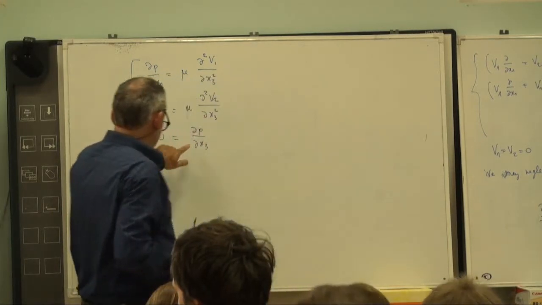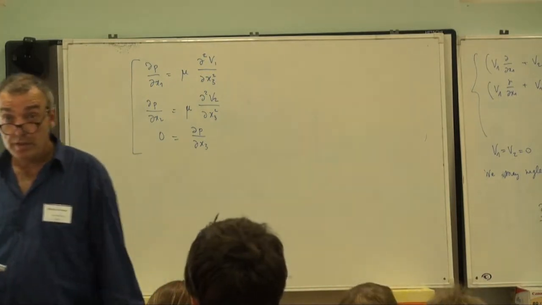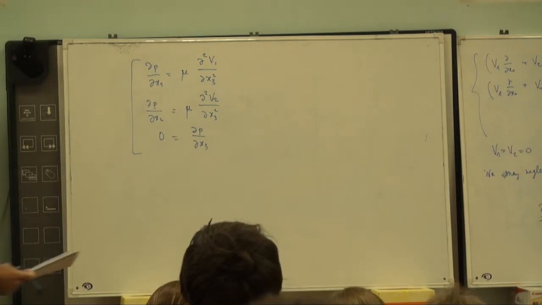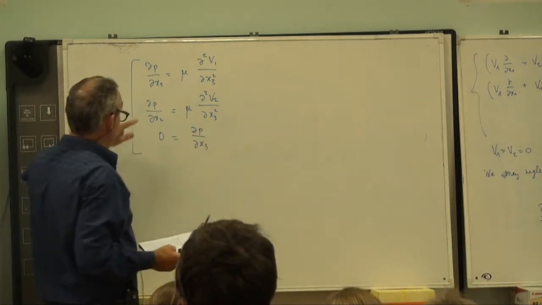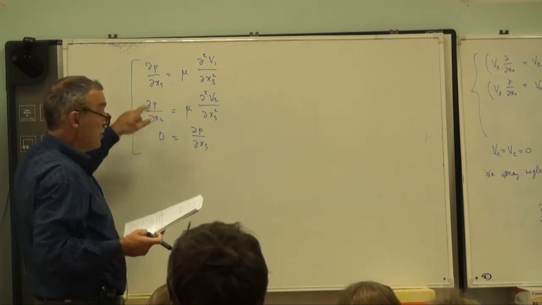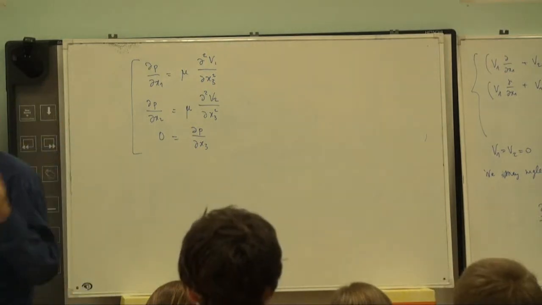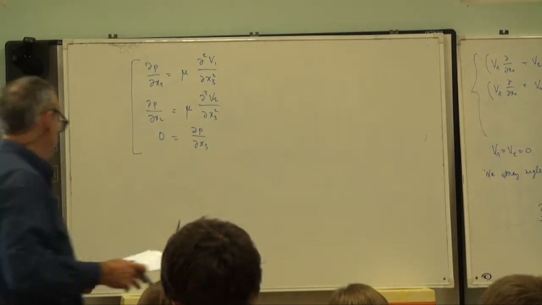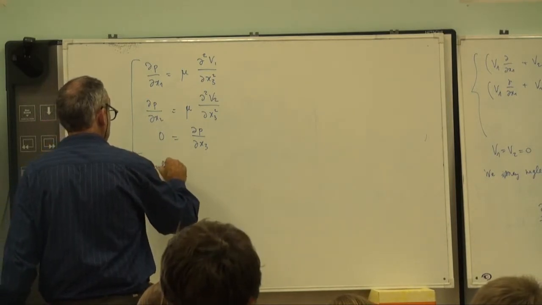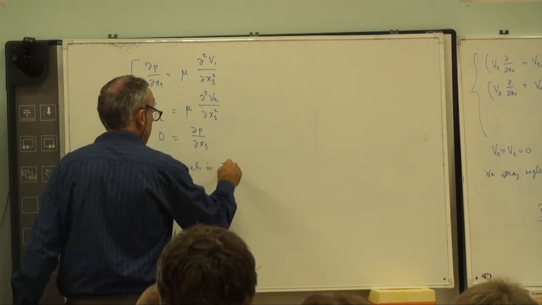So this means that p doesn't depend on x3, and if p does not depend on x3, it means that v1 and v2 are polynomials in x3.